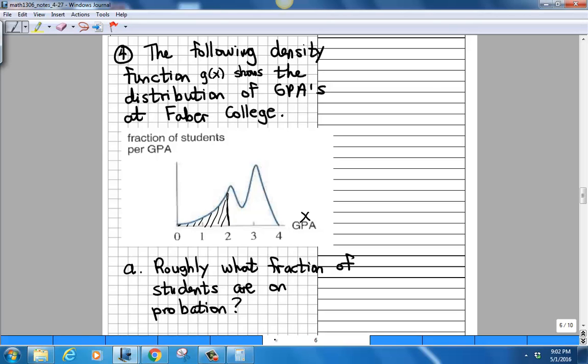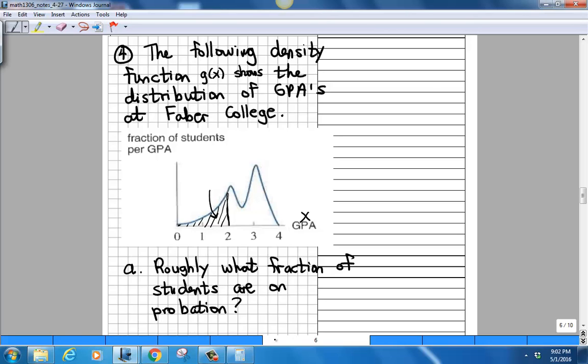We'll just get a rough estimate. The total area beneath this GPA density curve is 1 because it represents 100% of students. Does this area look like as much as a third to you? I don't think so. Maybe it is a third.